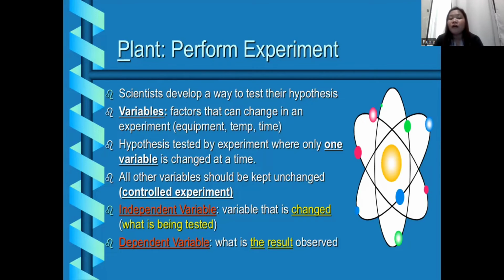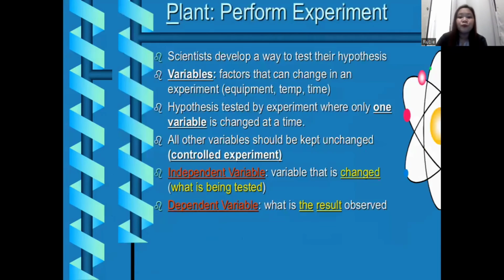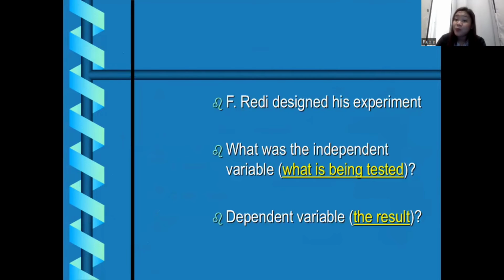For variables, we have the independent variable and the dependent variable. An independent variable is the variable that is changed, so what is being tested. And the dependent variable is the result observed. Redi designed his experiment, the Italian physician that we were talking about earlier.